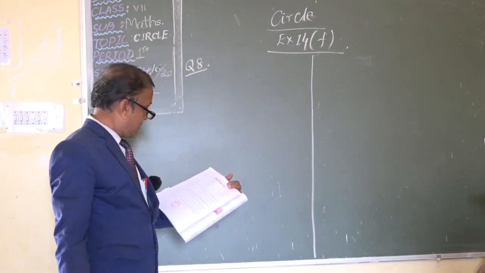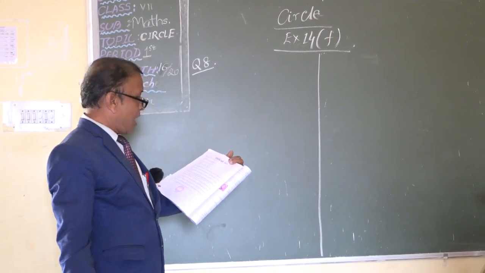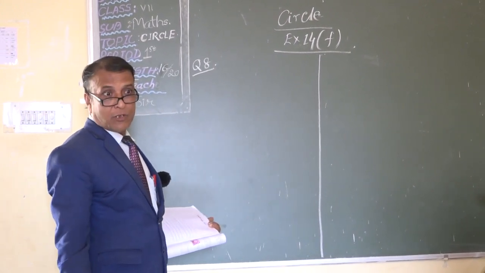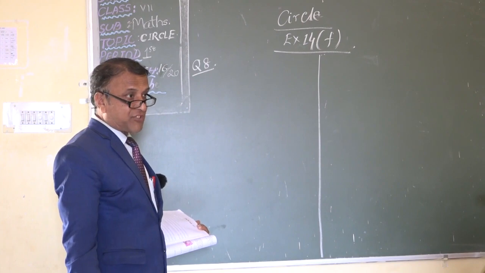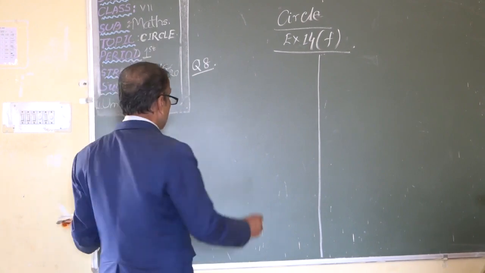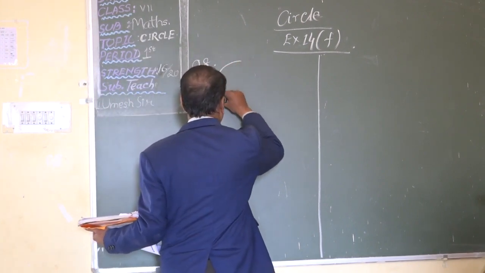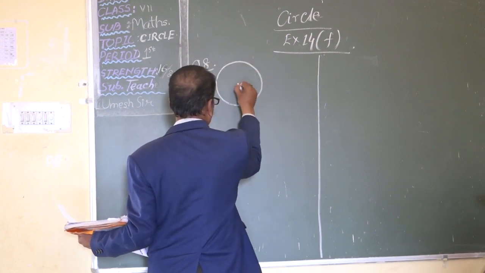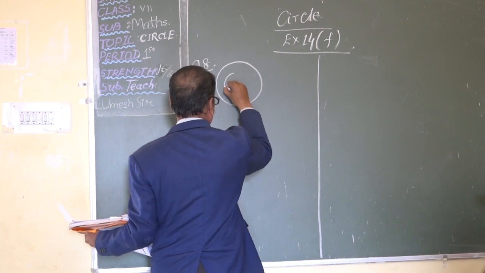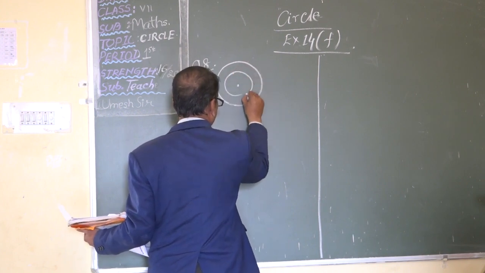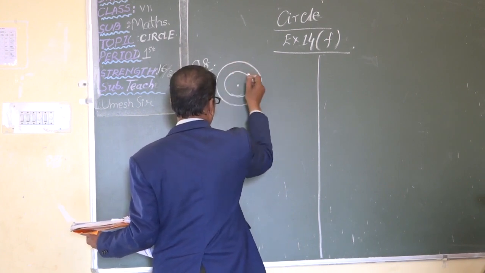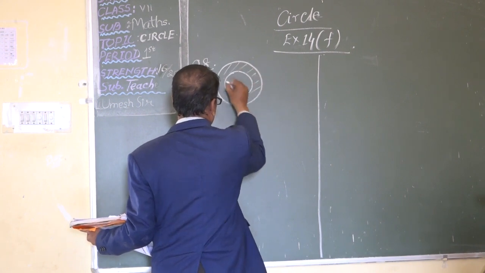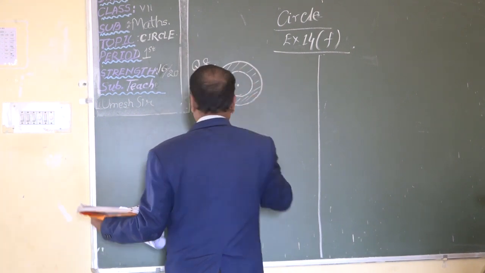Question number 8. Find the area of a circular ring. Look to the book and read the question properly. So one ring is there. This is the ring. We will find the area of this ring.